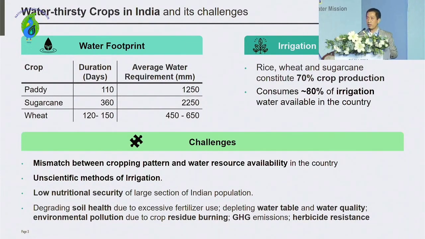Much of the water source is still underground, and we promote the use of solar pumps, for example, under PM Kusum. But what we experience is that farmers use solar pumps and draw water from hundreds of feet deep bore wells and use that water for flooding.